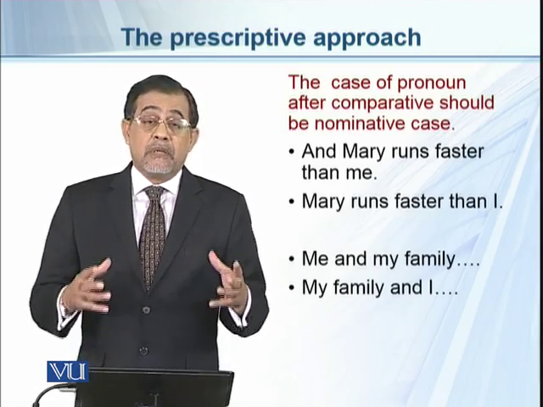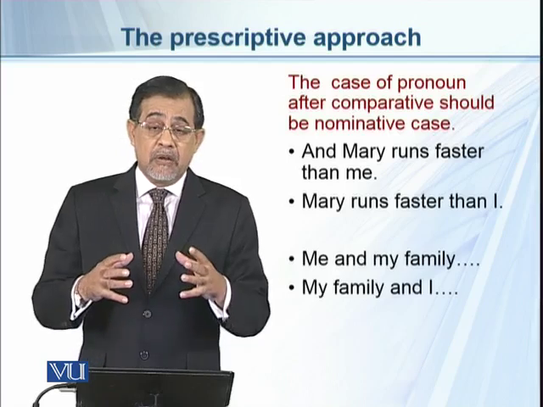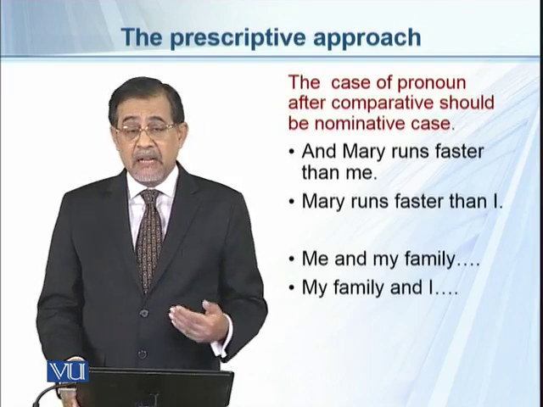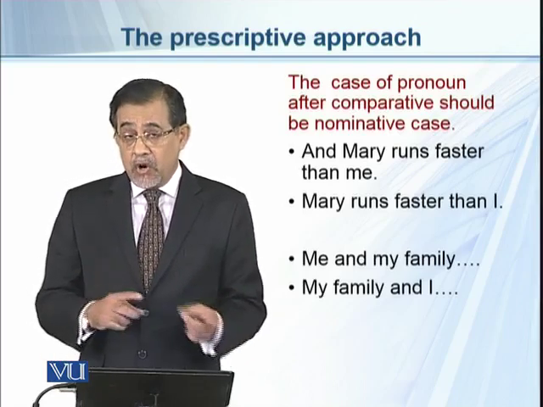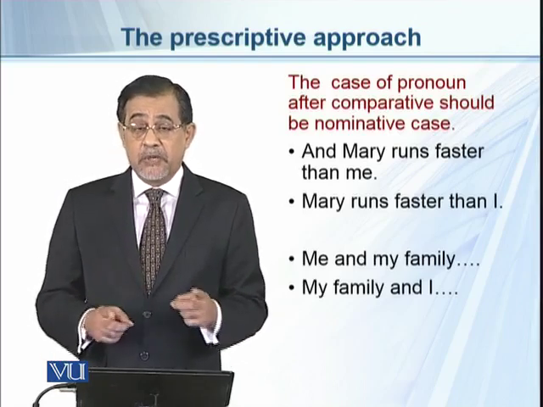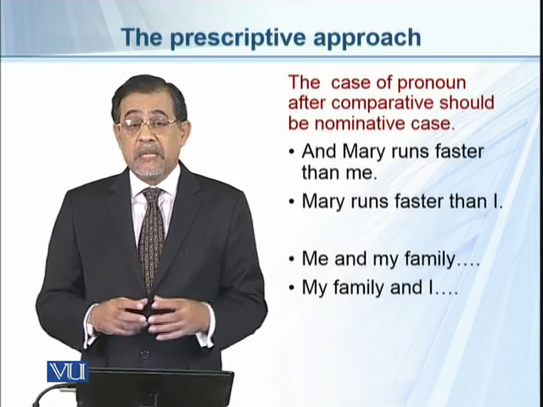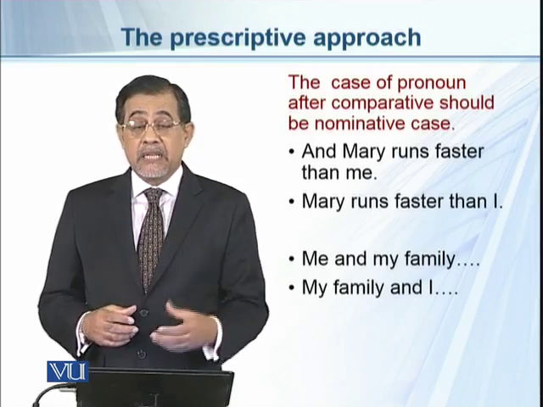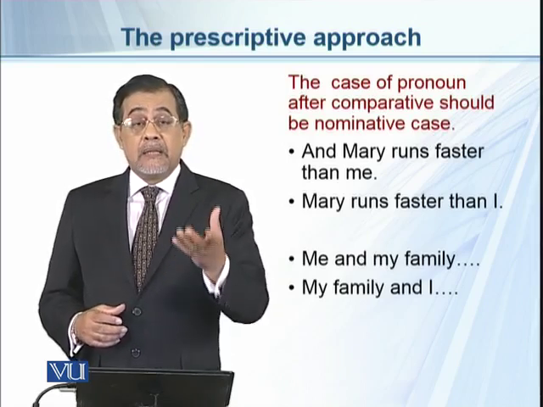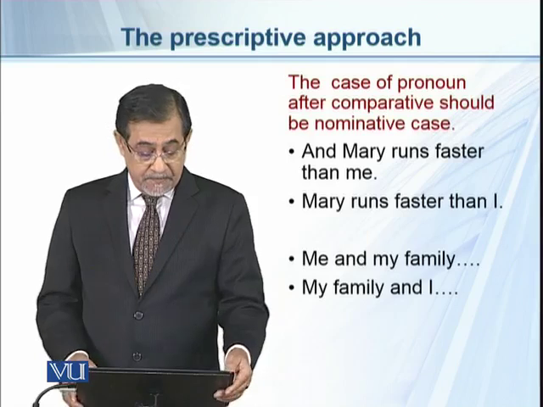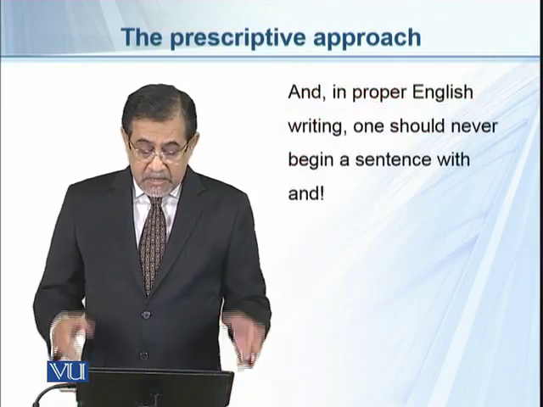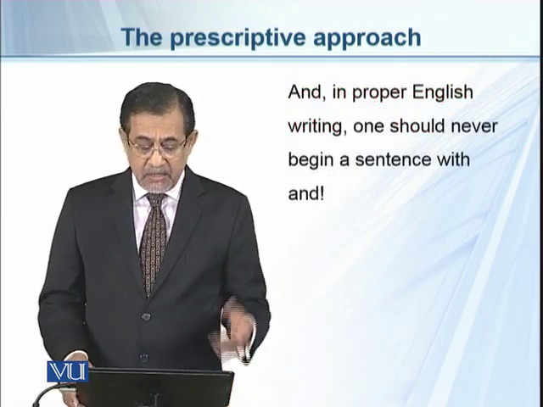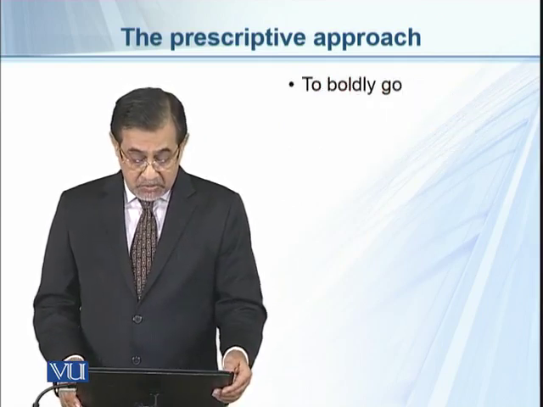This sentence would be instantly corrected to "My family and I," because we need to bring an order of pronouns in a sentence. And we should not have a subject with an objective pronoun. And in proper English writing, one should never begin a sentence with "and," as I just mentioned.